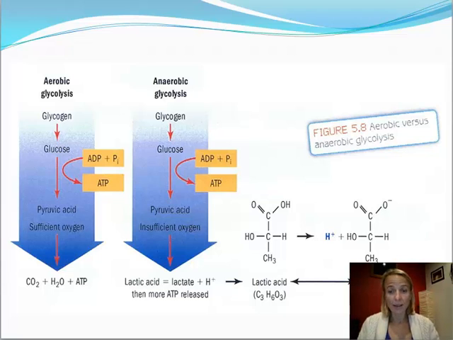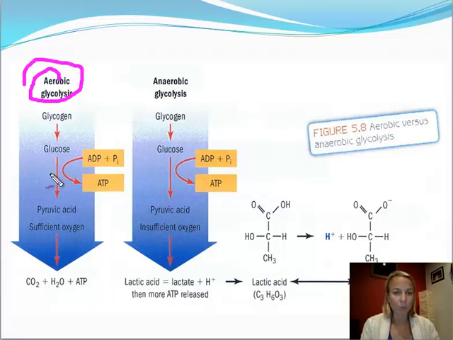This graph shows us the waste products when we utilise our aerobic system, with glucose broken down to give us ATP. Again, the pyruvic acid with sufficient oxygen gives us the ATP, as well as carbon dioxide and water.